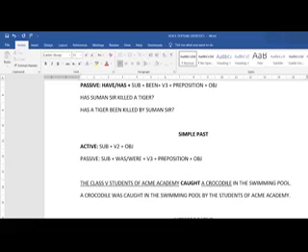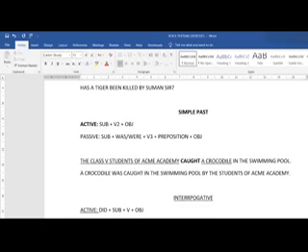In case of passive, in place of did, which is the helping auxiliary, we have to put either was or were. Then the object of active will become the subject of passive, then the V3 form, then preposition, and at last the subject of active will become the object of passive.